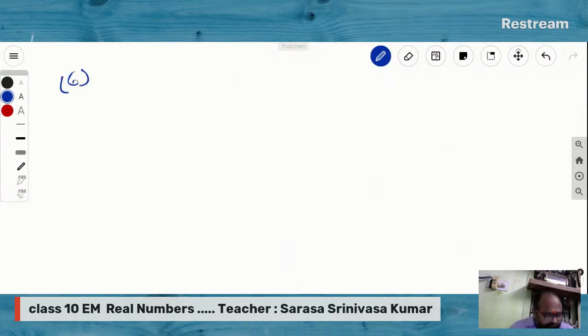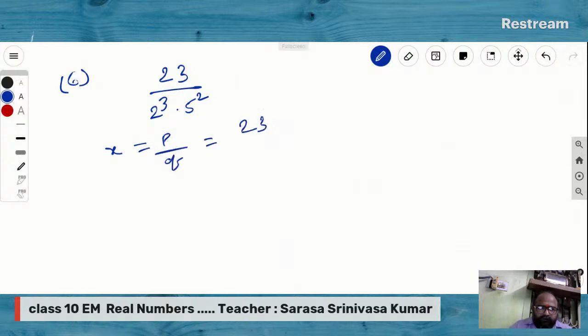Sixth problem. 23 by 2 cube 5 square. x equal to p by q equal to 23 by 2 cube 5 square.